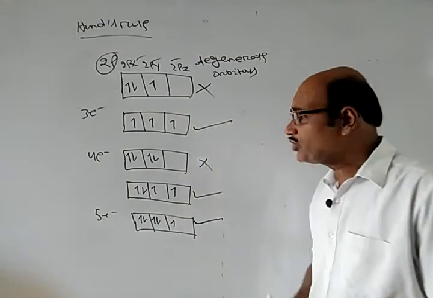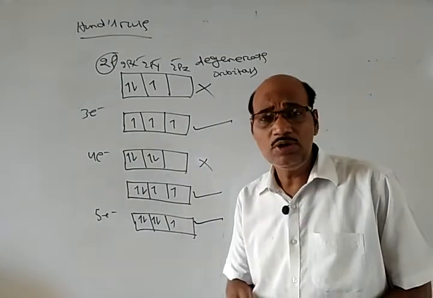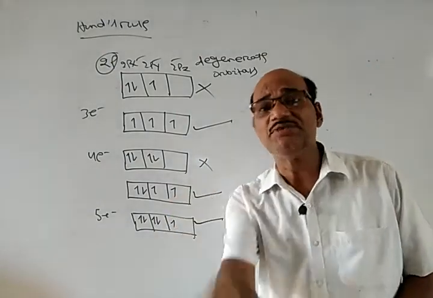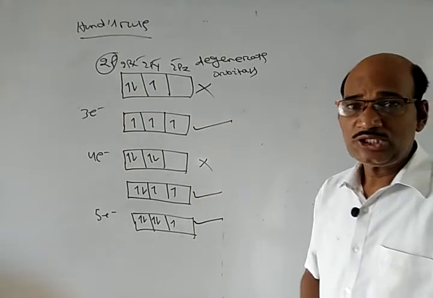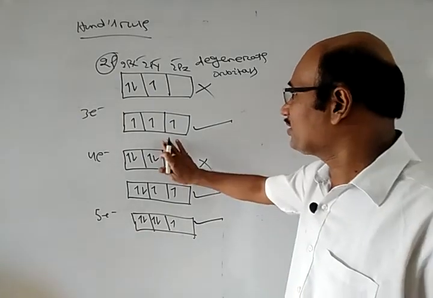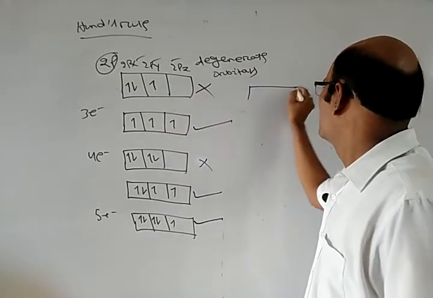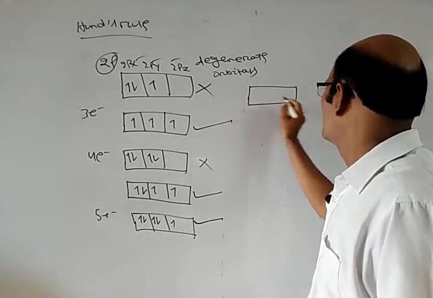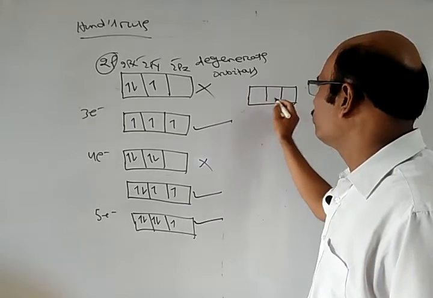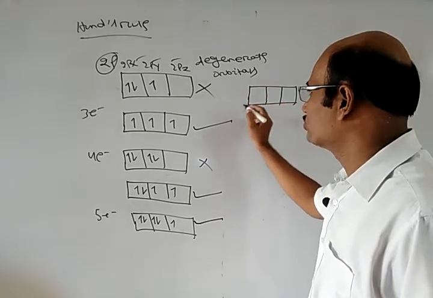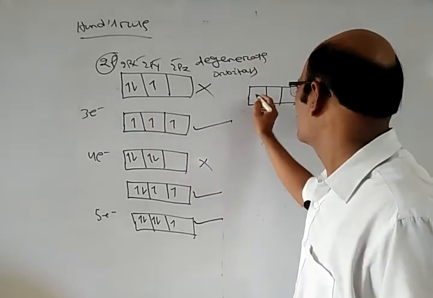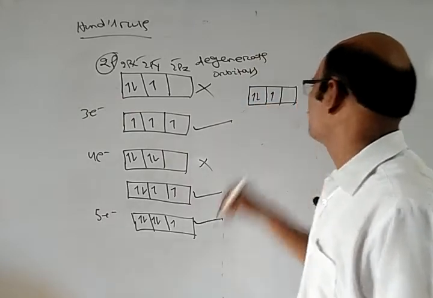So this is also called Hund's rule of maximum multiplicity. So here you see, if I consider these two cases, 2p with 2 electrons, 2p with 3 electrons, here 1, 2, 3.